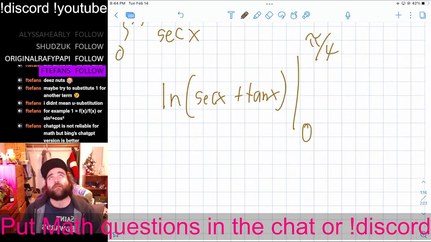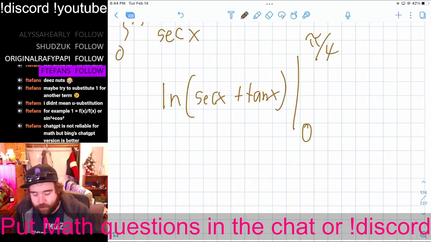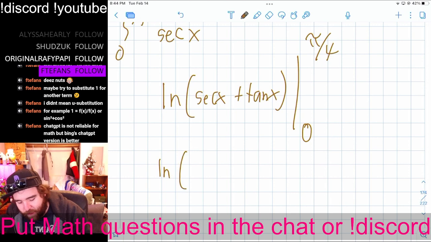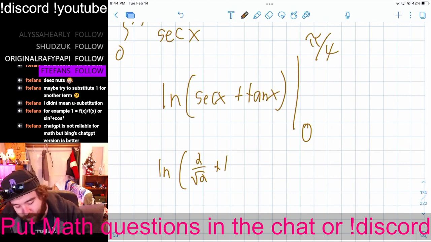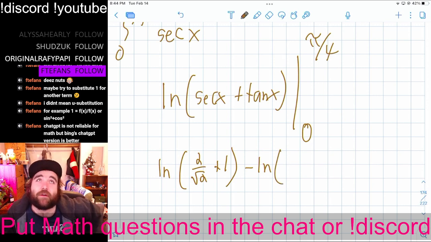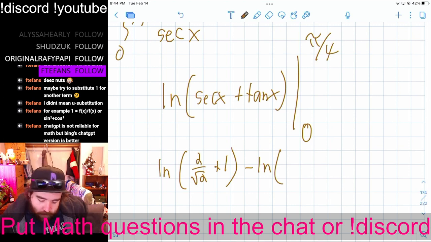Just from these numbers. That's super obnoxious, honestly. What's the secant of pi over 4? Root 2 over 2, so 2 over root 2. So ln of 2 over root 2 plus the tangent of pi over 4 is 1, so plus 1. And then minus the ln of the secant of 0, 1 over the cosine of 0.